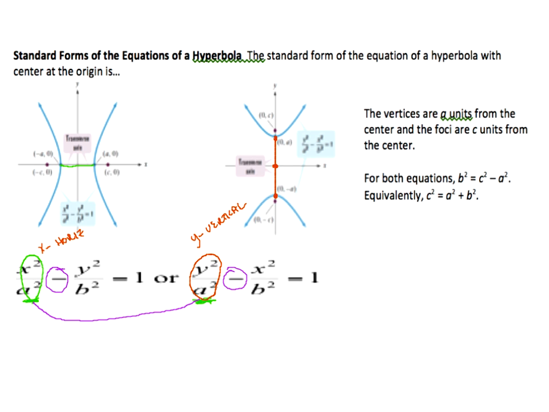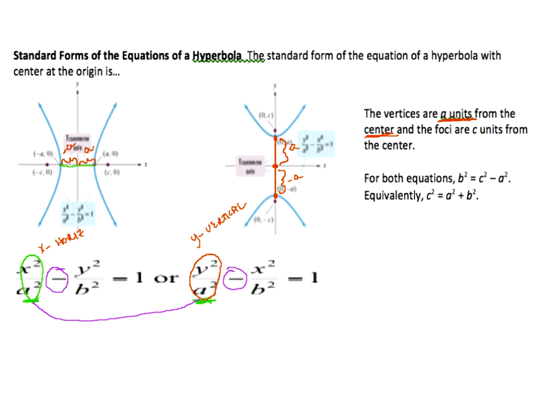Before we move forward, I want to point out that the vertices are a units from the center. So this value here is positive a, and that is, well, the value is a, but it goes in the negative direction, so that's negative a. Same thing here, we have a and then negative a there.